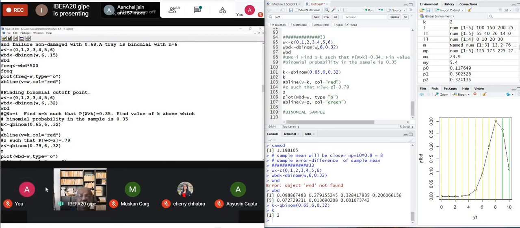But in our binomial function, we always have the cumulative probability from the minimum to the cutoff point. Yes, sir. So in the reverse way, the probability will be 0.65 cumulative from the minimum to k. Rather, I can rewrite this.